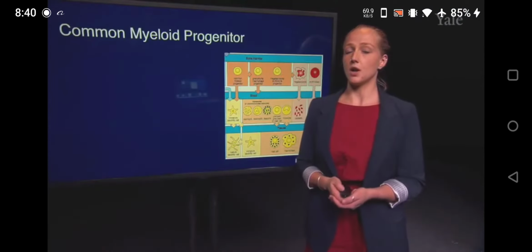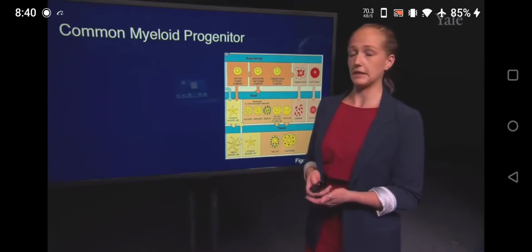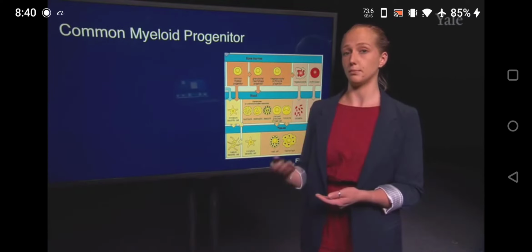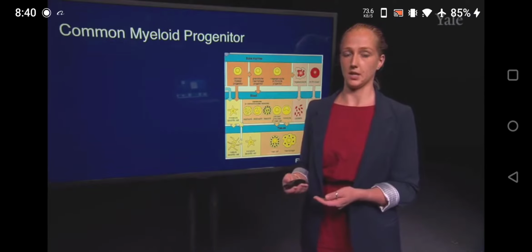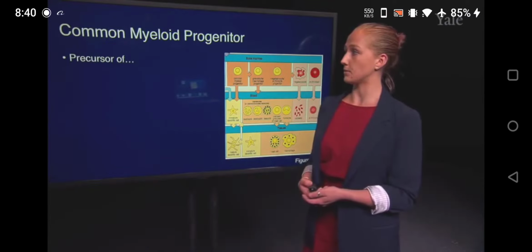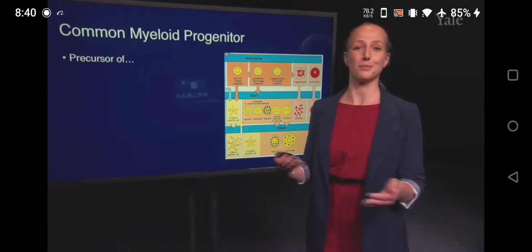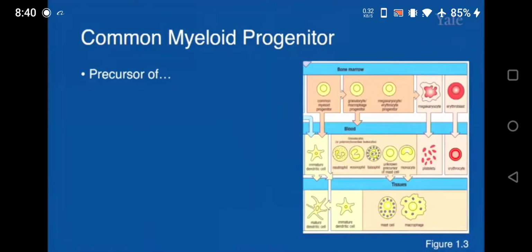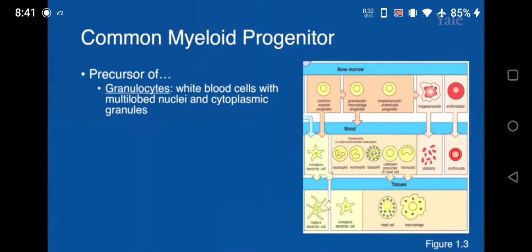So the common myeloid progenitor cell, again, is differentiated from the pluripotent hematopoietic stem cell. And this myeloid progenitor cell in itself is also a progenitor for other cells. It can give rise to granulocytes, which are white blood cells with multi-lobe nuclei and cytoplasmic granules, which you can see here.